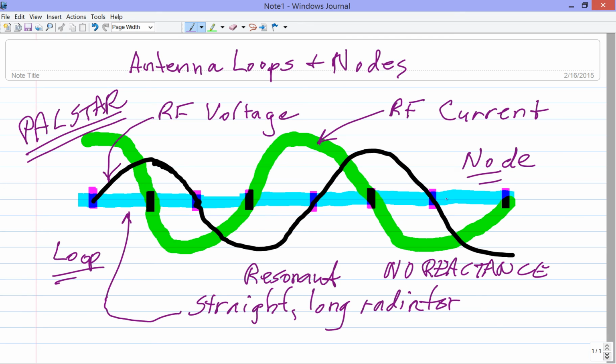So those are just some of an overview of how antennas behave. If you have a problem with standing wave ratio, you're going to have to try to eliminate the reactance. So you're going to have to feed it at a node or a loop for either voltage or current.